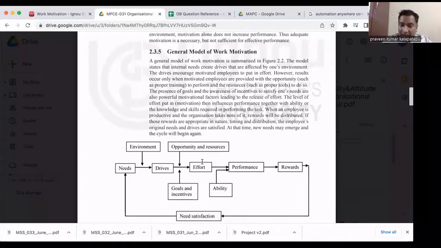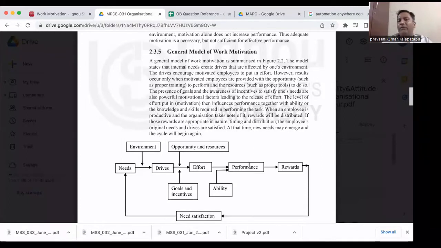Then you put in the effort. So it starts from the need, where the environment should support that need, and then your drive will start. That is where opportunity, resources, goals and incentives come into the picture. Then you start putting in the effort. In order to start putting in the effort, all these things are precursors. Once you start putting in the effort, and if you have the ability to do that particular thing, it results in performance.